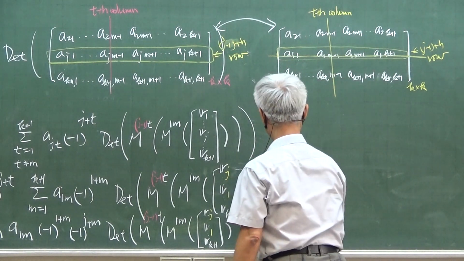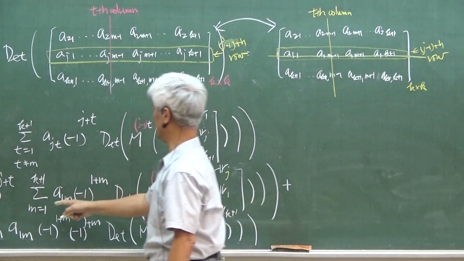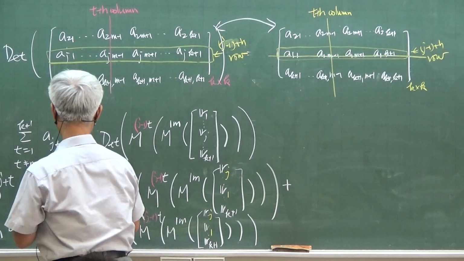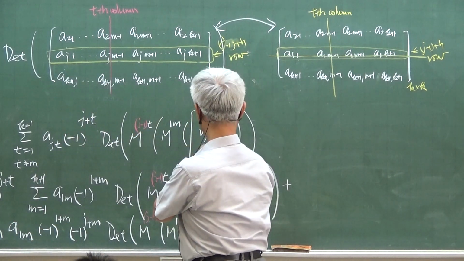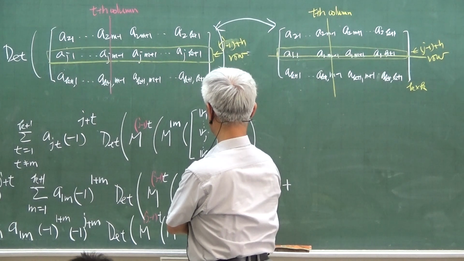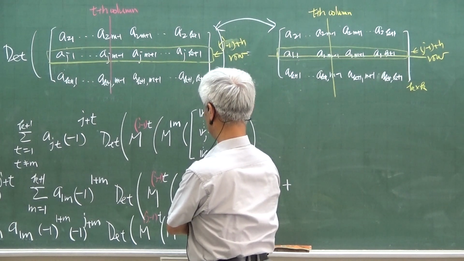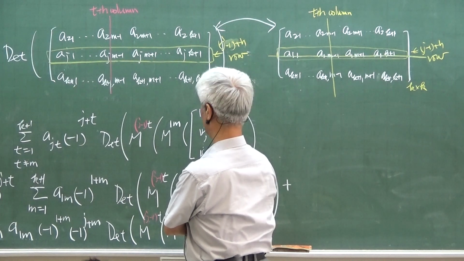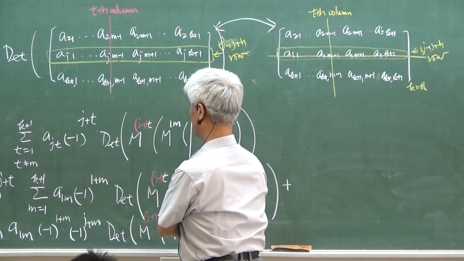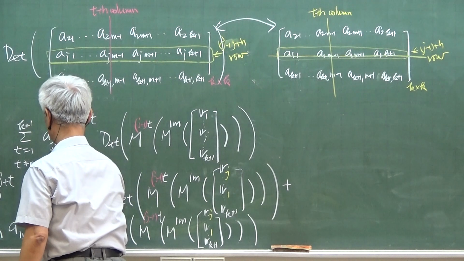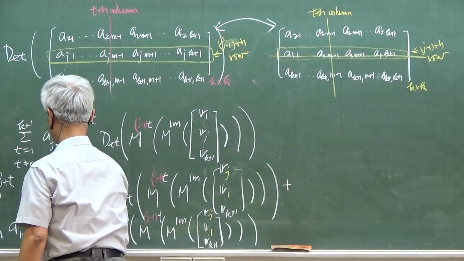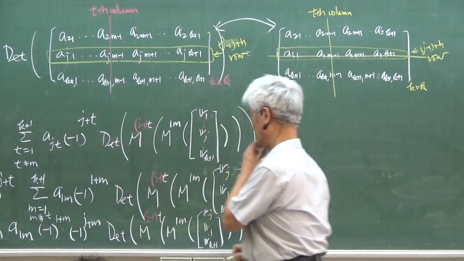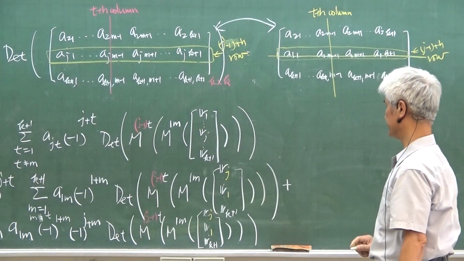But I have to add one thing, because in here I want to pick out, let's see, so I have to have m not equal to t. I think so. Right? So m not equal to t.